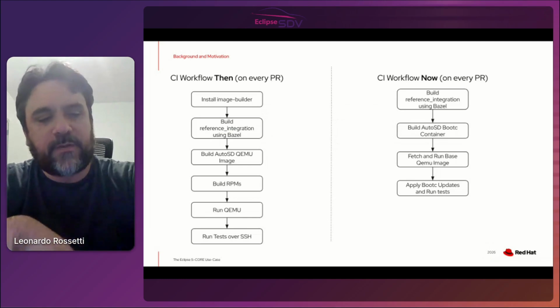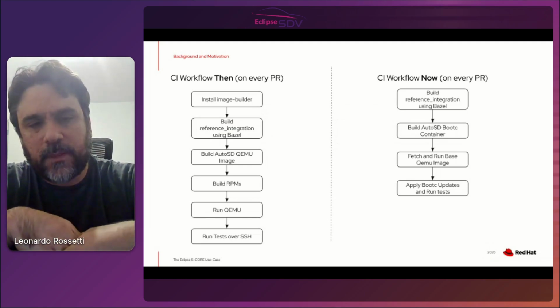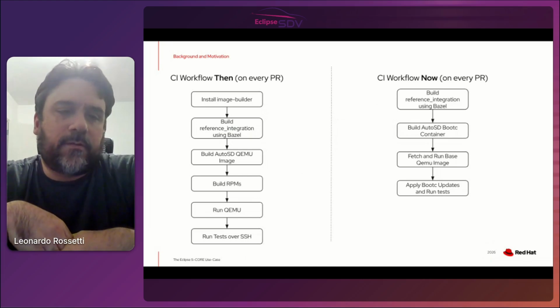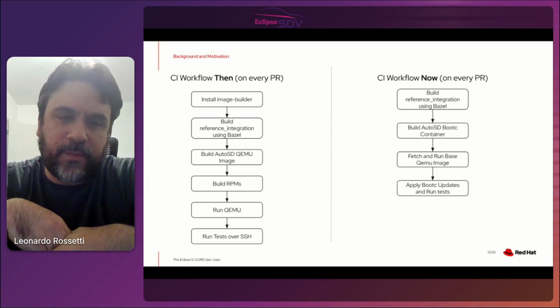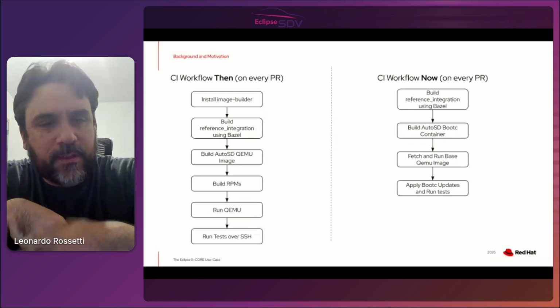On the left, you can see the original workflow. On a GitHub action, for every source code change to that repository, you'd have to install Red Hat's image builder.